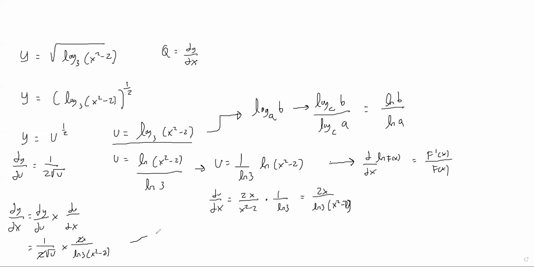So the final answer for this one will be x over, okay, I'm going to put the ln 3 first to the left because it's just a constant; there is no x involved there. So that will be ln 3, then (x squared minus 2), and then the square root of u, which is the square root of log base 3 of (x squared minus 2).